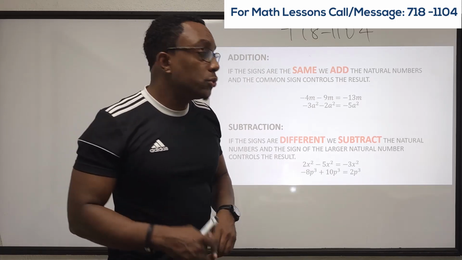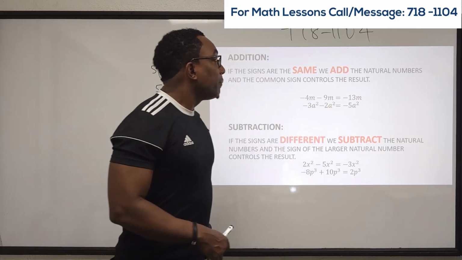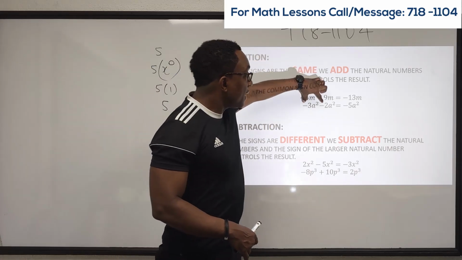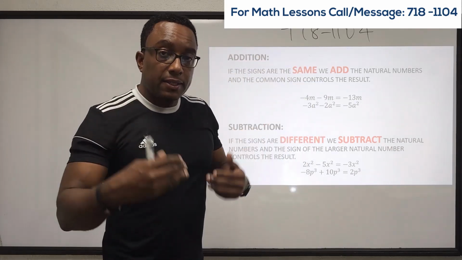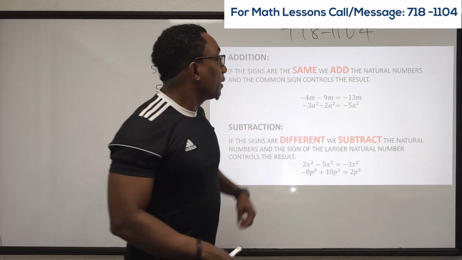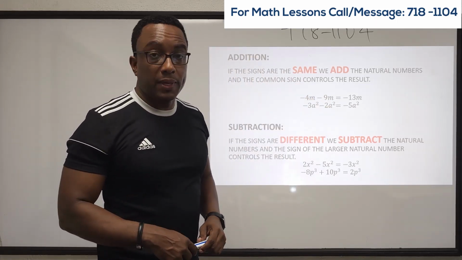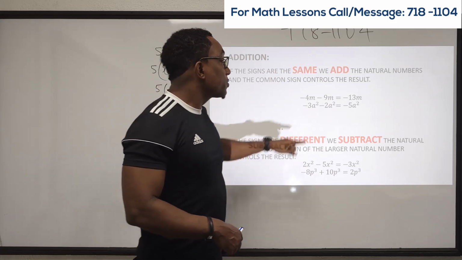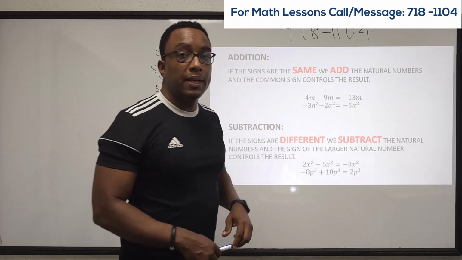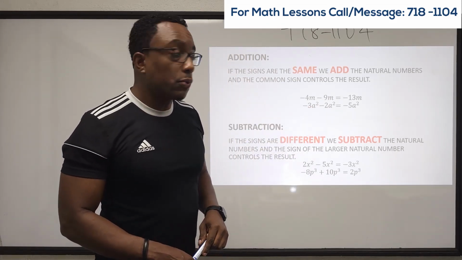So we add 3 to 2, which will give you 5. And what are we going to do? The common sign, which is that negative sign, which is common to both, will control your results. We put that negative sign in front of your 5, so we get negative 5, but we must maintain the variable and power. So we get negative 5a squared.